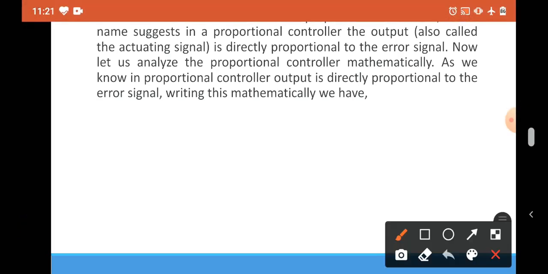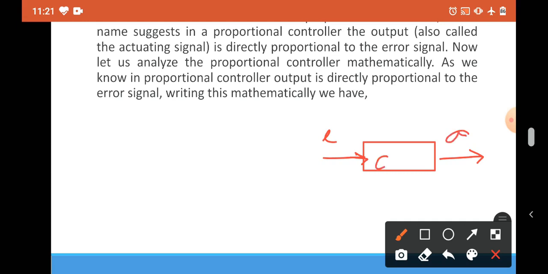Suppose this is a controller: here is your error signal, and here is your actuating signal.